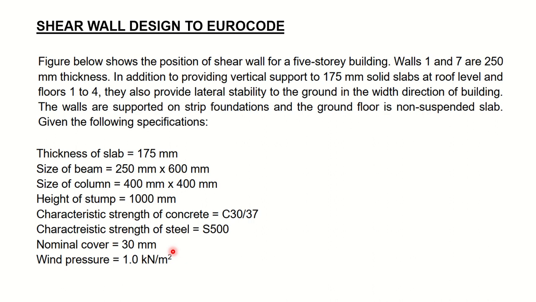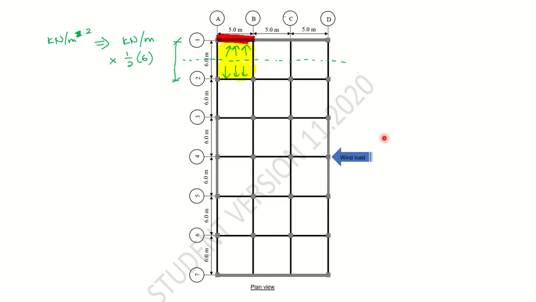And this 1 kilonewton per meter square acts from this direction. So it means that this part of the building will be subjected to the wind load.